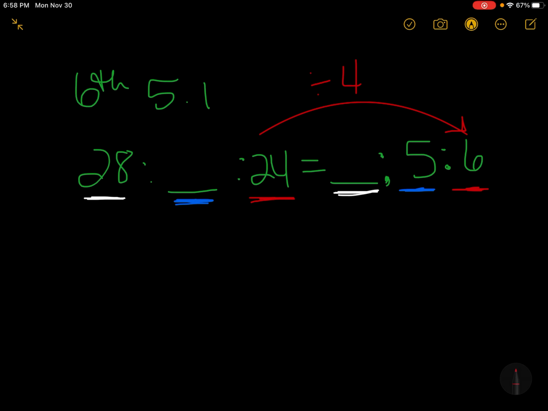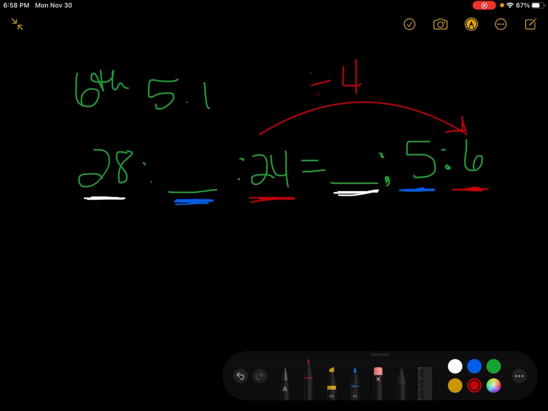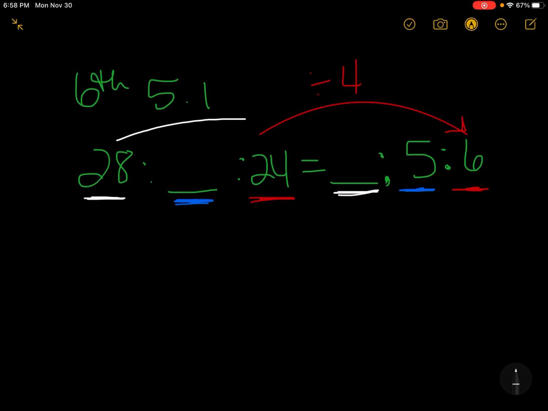Now, let's go back to the first section here. The very first set of groups here were 28 and a mystery number. I know now that the factor that I'm working with is 4. So I'm either increasing or decreasing by a factor of 4. When I'm looking at 28, I'm going from 28 to some mystery number.